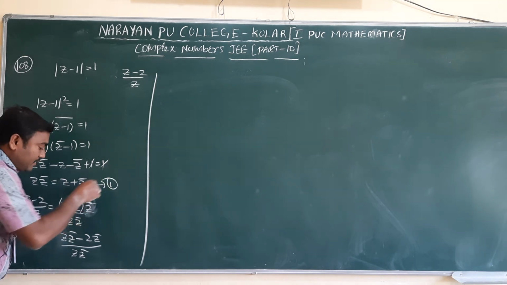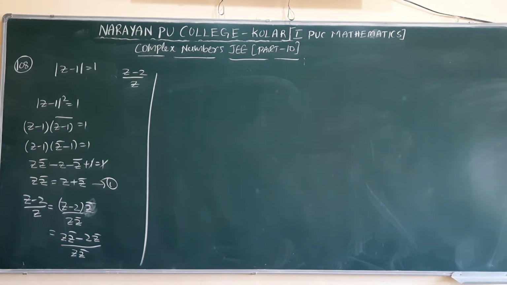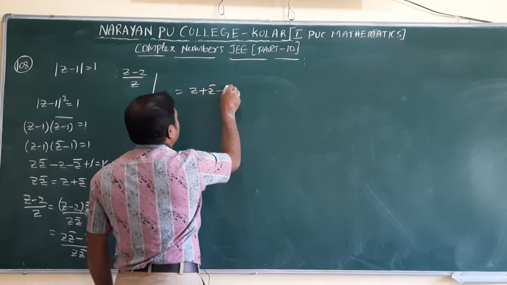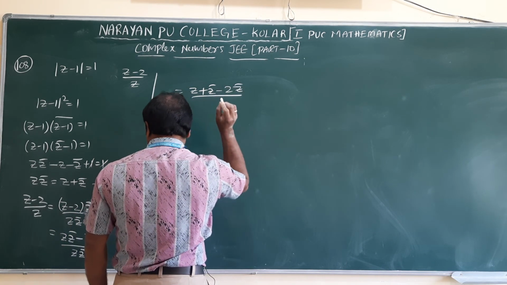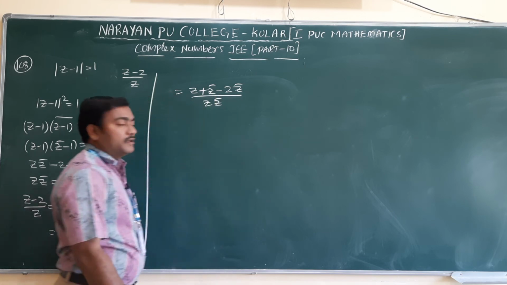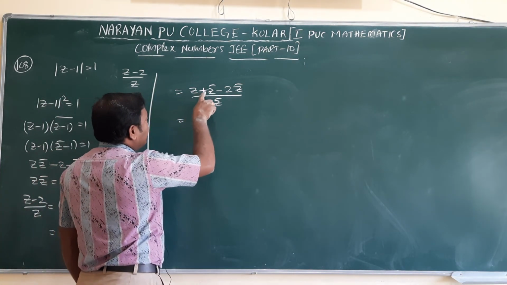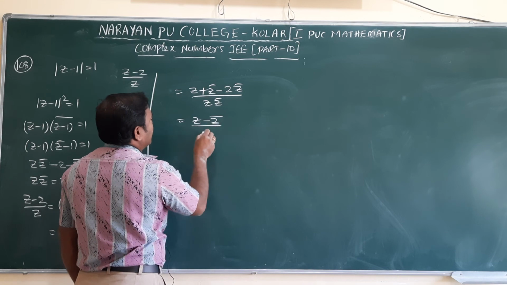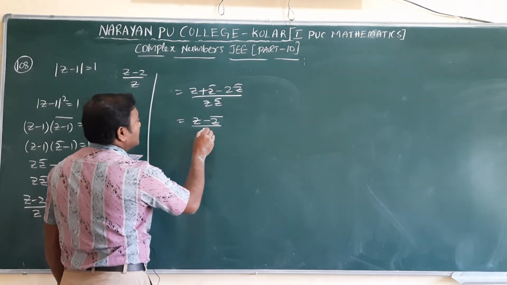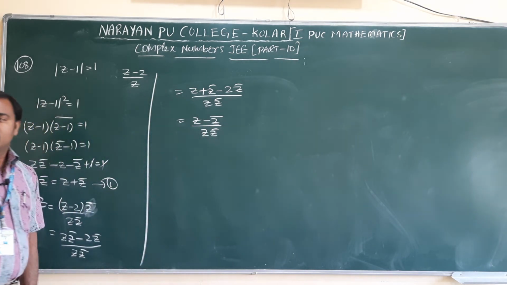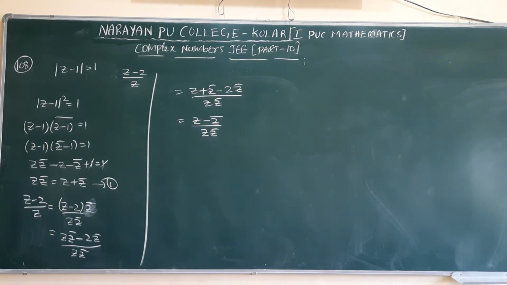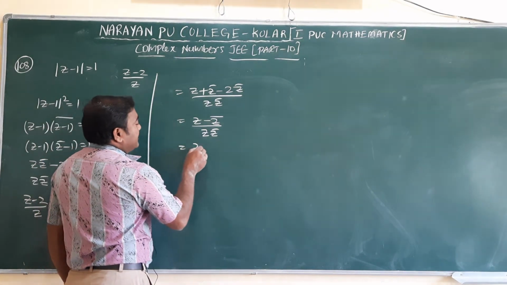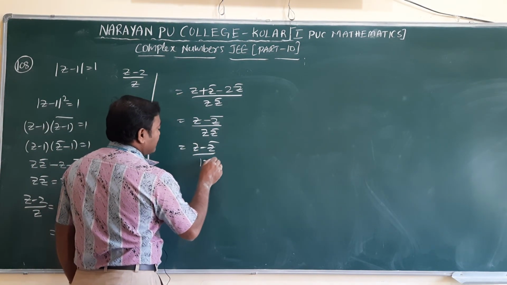Substituting, we get z plus z bar minus 2 z bar, which is z minus z bar, divided by z into z bar, that is, z minus z bar divided by modulus of z square.